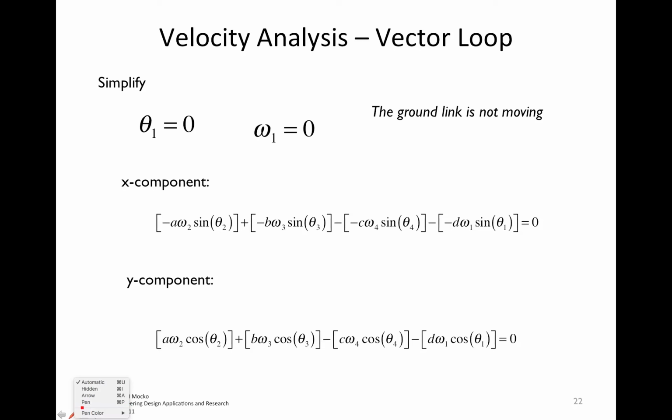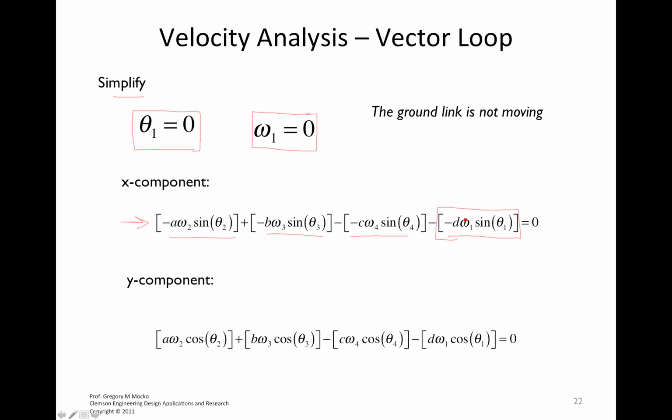So that adheres to this velocity vector loop equation. The next thing we can do is simplify. So we know two things. We know that the angle of link 1 is 0, and we also know that the ground link is not moving, so omega is 0. So when we simplify, we end up with velocity 2, velocity 3, velocity 4, and now we can simplify this expression.